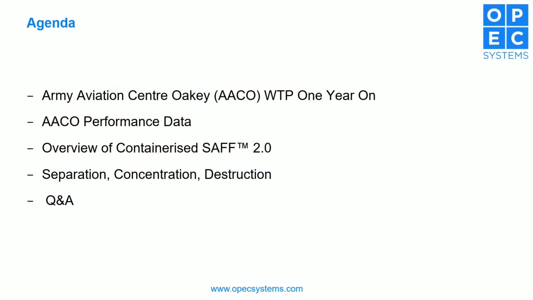We're also going to look at how we've refined that big SAFF treatment plant and how we've tweaked that, lessons learned, and put it into a really neat containerised 40-foot solution. So we'll do a fly through on that.